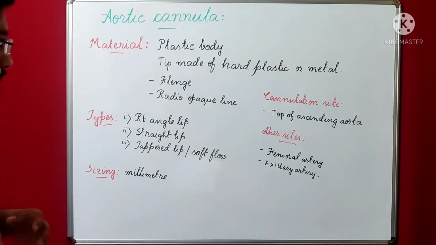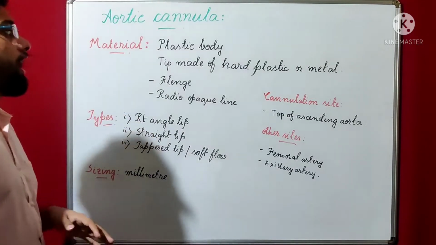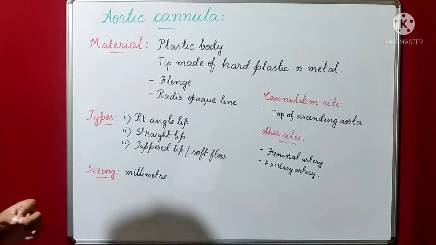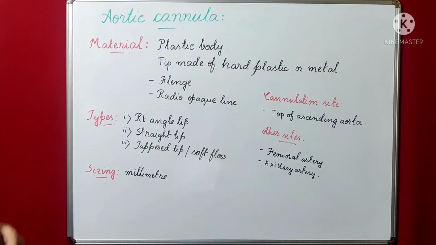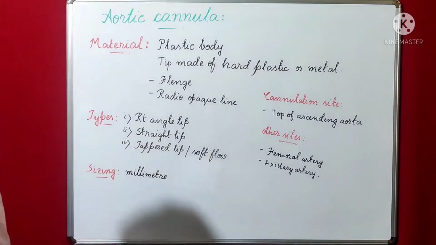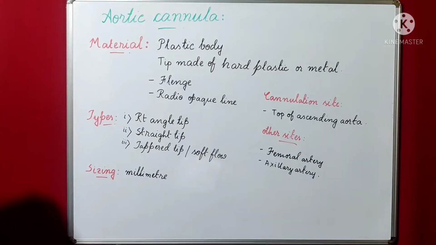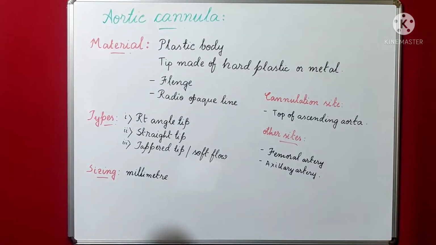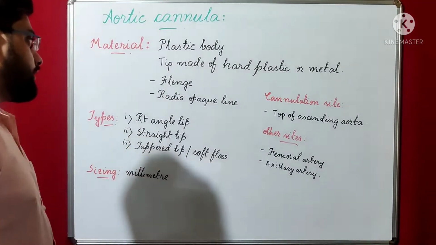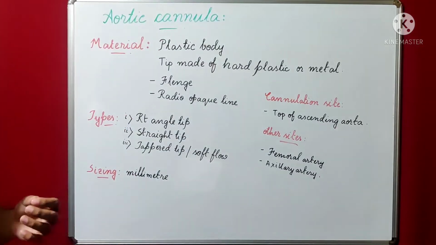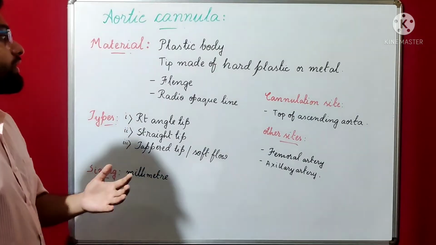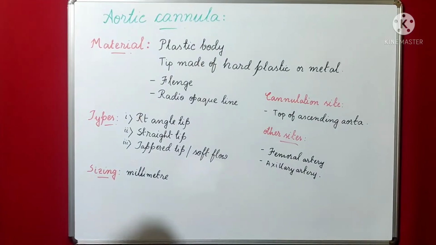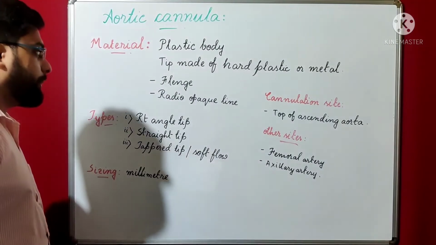Another reason is that with the help of hard material, it is easier to puncture the aorta with the cannula tip itself. And some aortic cannulas have a flange. Flange is nothing but a site to secure the bursting sutures, and usually aortic cannula has a radio-opaque line.